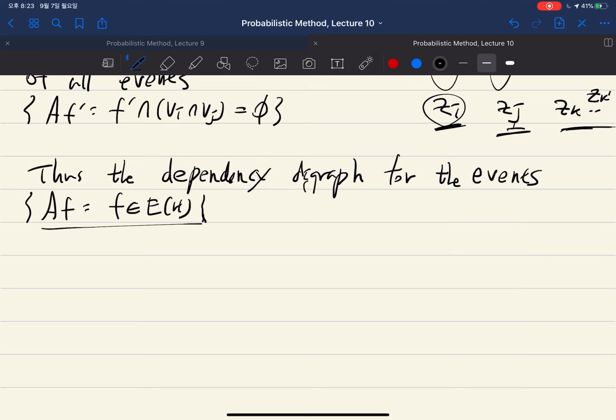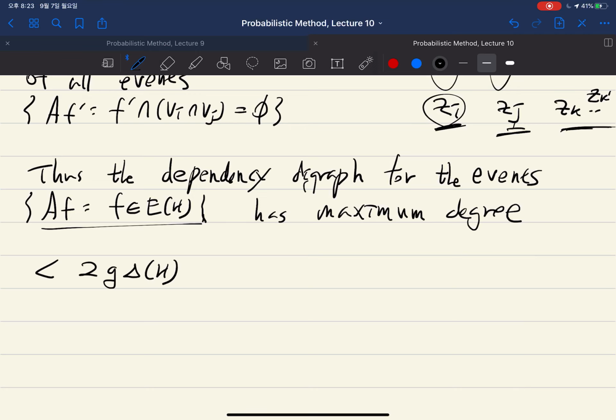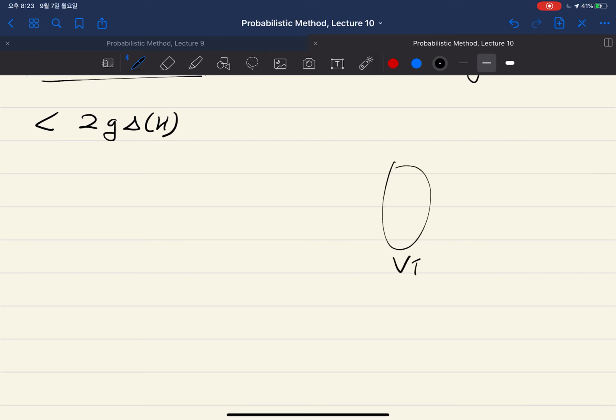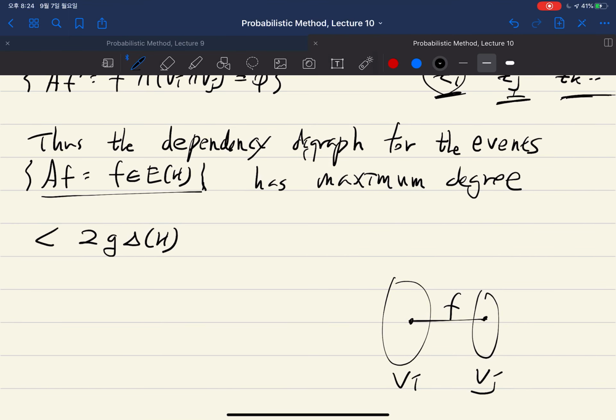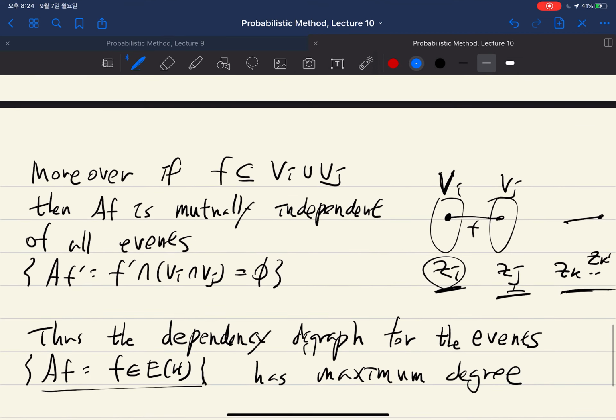So the dependency diagram for this has maximum degree actually smaller than 2 times G times the maximum degree of H, because we have VI, VJ, we have this F, then what are the events that are not counted here?